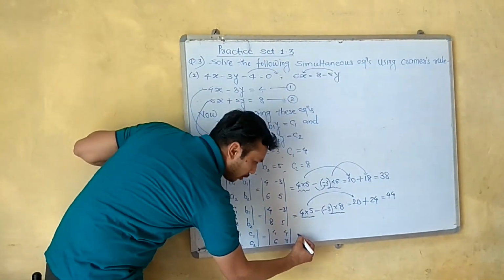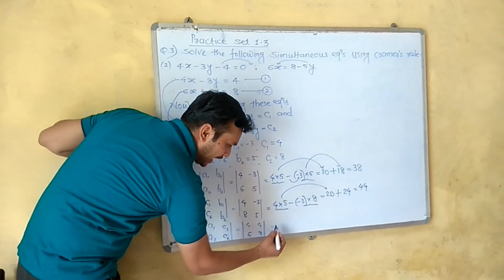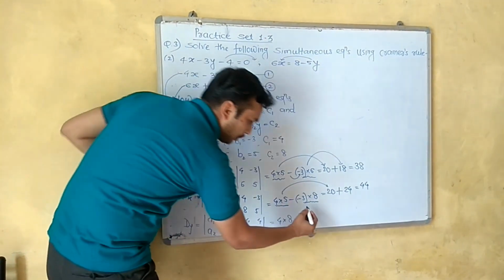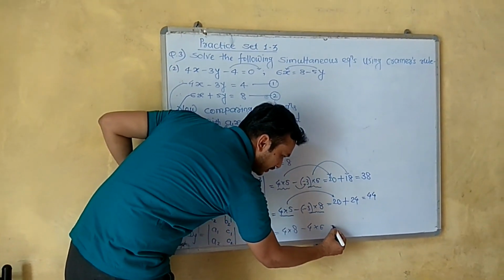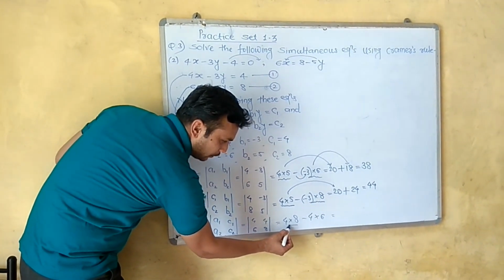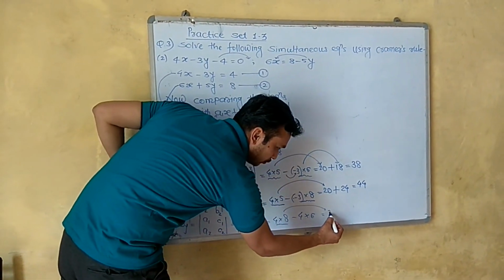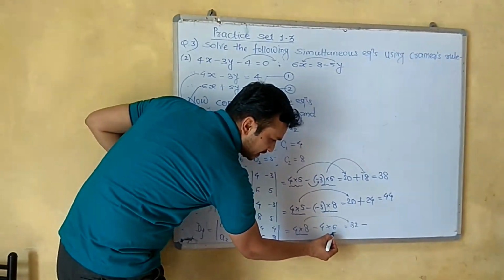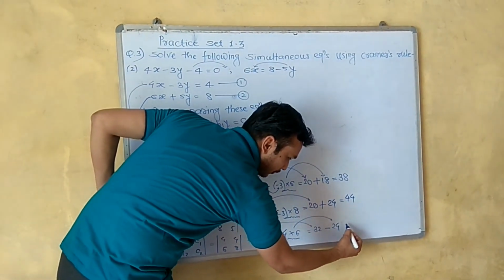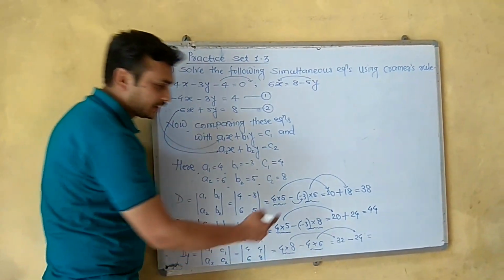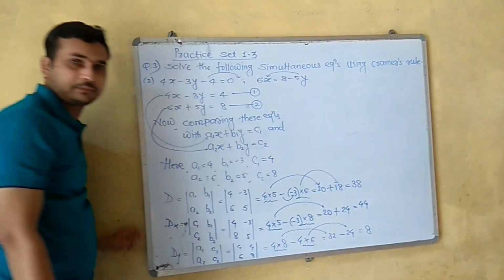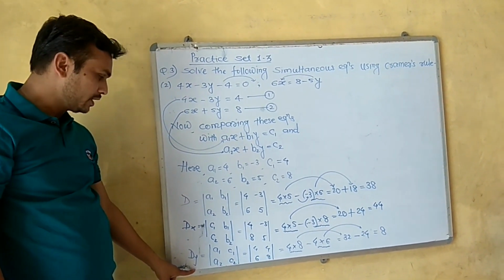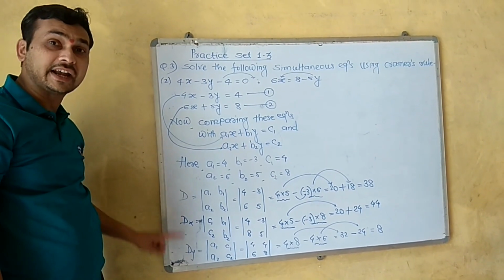Again by cross multiplication, 4 multiplied by 8 minus 4 multiplied by 6. 8 4s are 32 minus 6 4s are 24. So 32 minus 24 is 8. So 8 is the value of Dy. So these are the values of D, Dx and Dy.